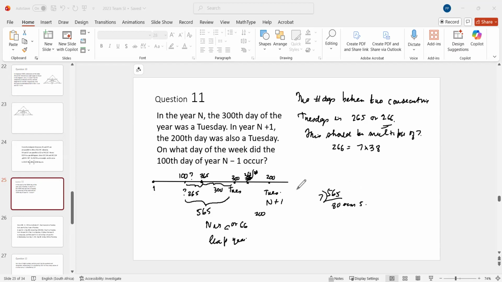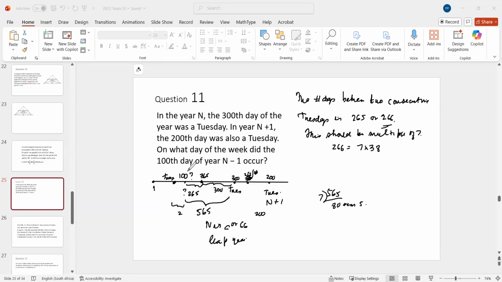So that's a multiple of 7. So 567 days from here backwards is a Tuesday. From here to here is 565, so another 2 days here makes 567, and this is a Tuesday here. It has to be 2 because 565 plus 2.